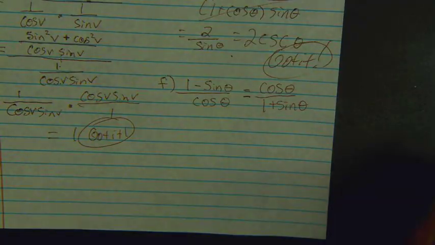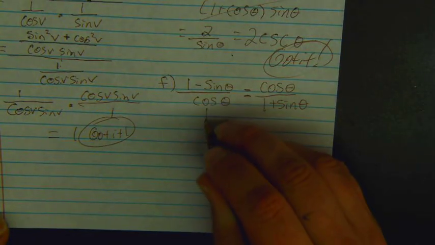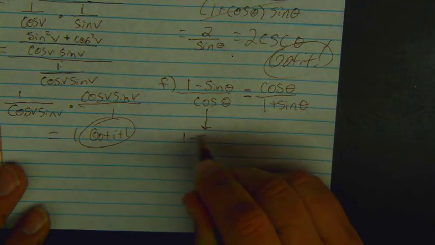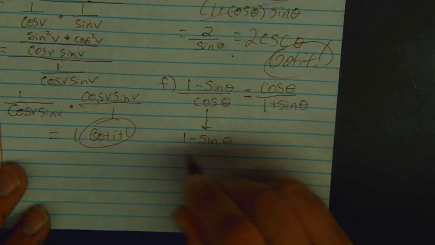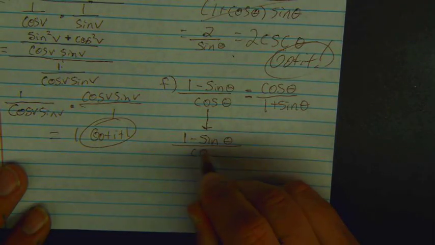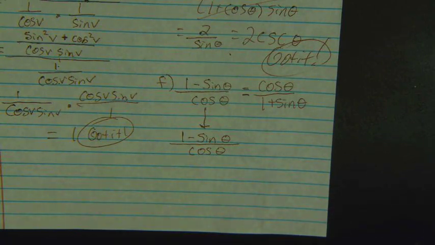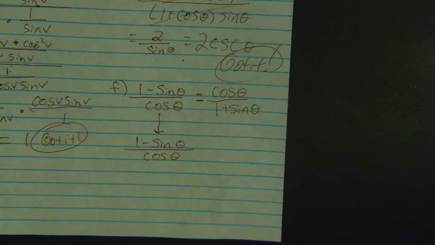All right, the step that you take here isn't obvious at first, but it's something you've done a lot in the past with different kinds of algebra problems. So I'm just rewriting this first one, 1 minus sine over cosine. Does anybody know what I could do to help me with the math of this?